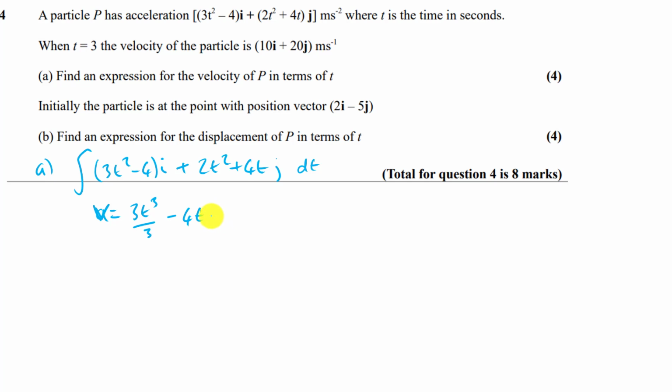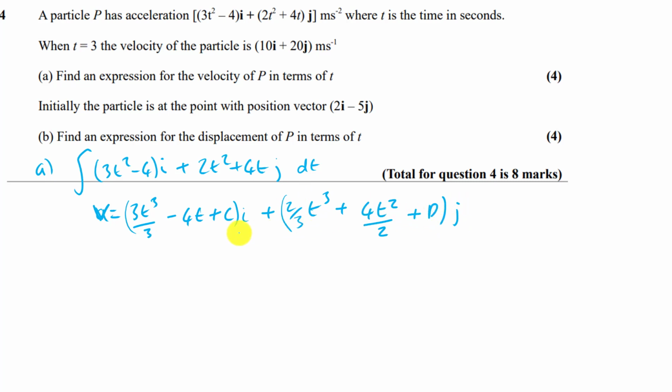Plus C. There you go, well done. That's going to be 4t squared over 2. And you're going to have another constant on this side because it's with respect to j. So that could be a plus d, just because we go alphabetical order.